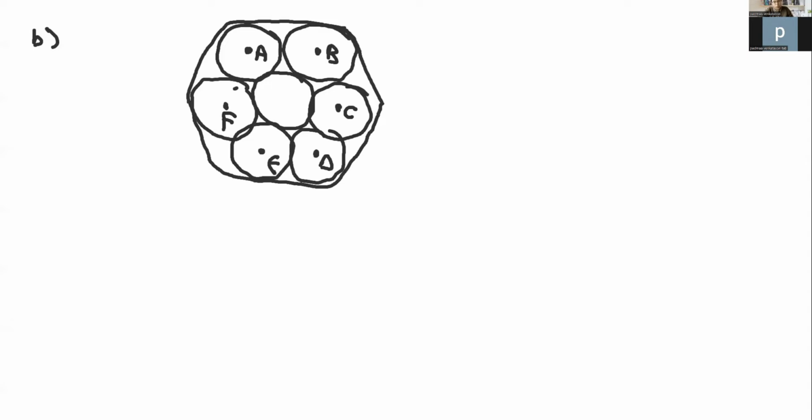Then we're going to connect all these points together, and what you get is a hexagon. Next, we're going to draw what you call a rectangle. Let me show you what I mean by a rectangle.